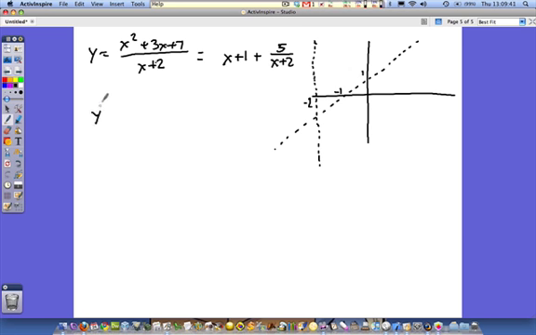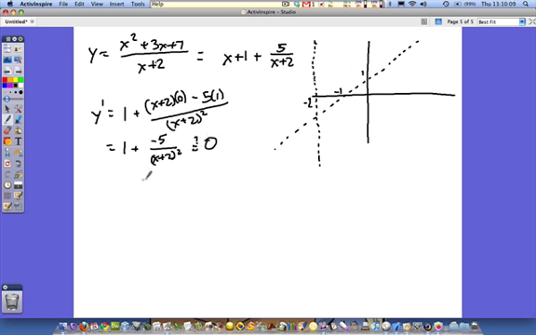We can do that with y prime equals 1 plus low d high minus high d low over low low. And I use this one to do the derivative, not that one. Equals 1 plus negative 5 over x plus 2 squared.